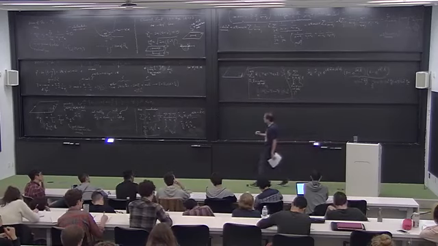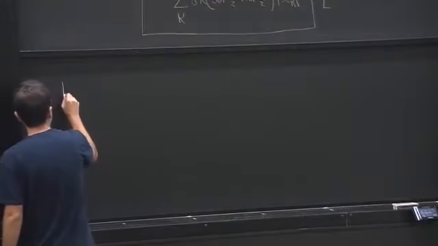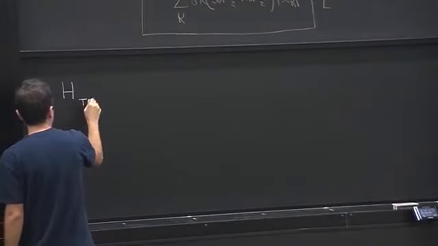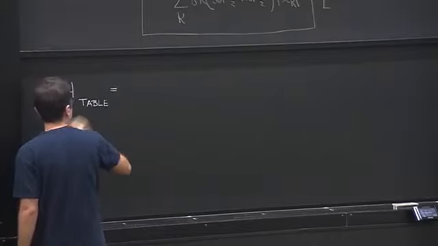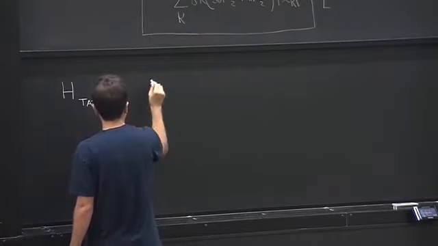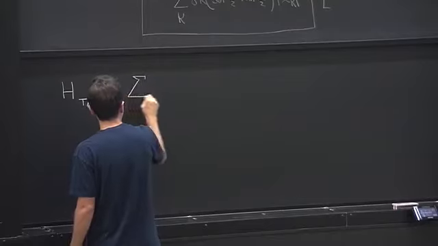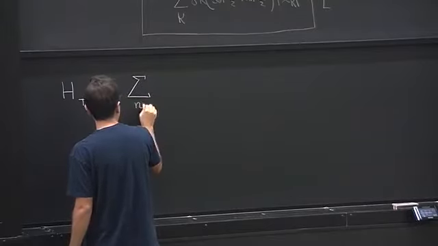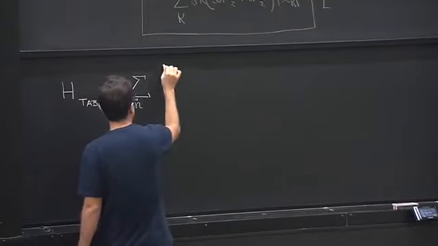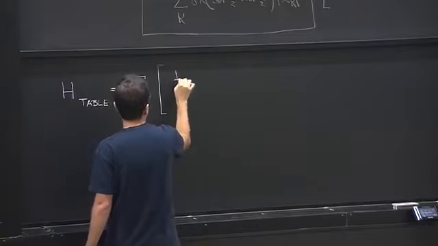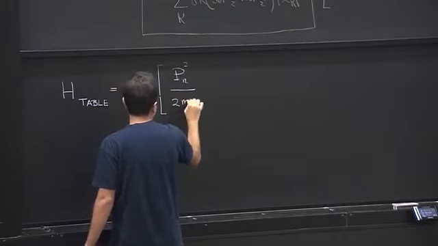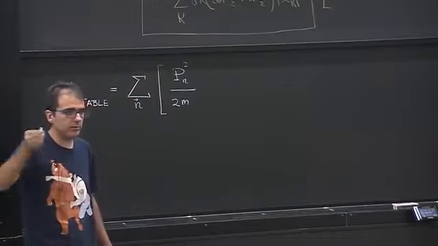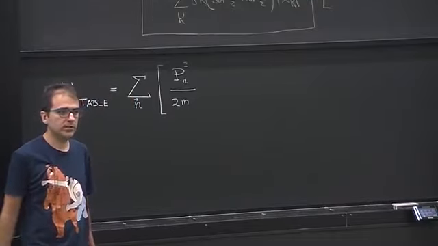And therefore, our Hamiltonian for our table that we are going to try to thermalize, I want to write it like this. It would be a sum over all sides of the table. There could be some momentum of my excitation, p over 2m. It could be oscillating, right? There is some momentum.